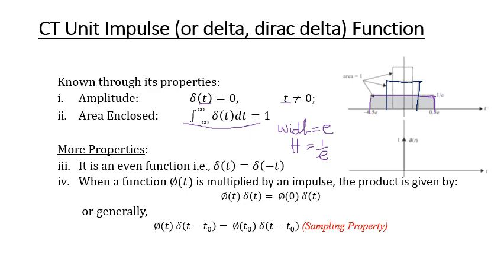If I further compress this one, it will result in a further reduction in the width and an increase in height, right? So in the limiting case, when the width of the signal becomes 0, its height will tend to infinity and the area enclosed will be 1, right?